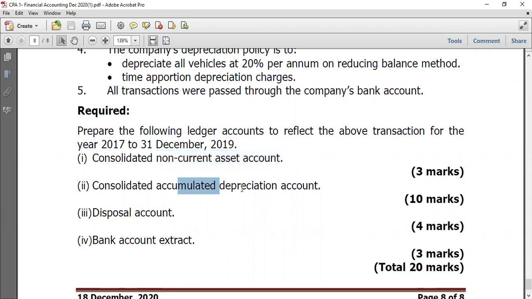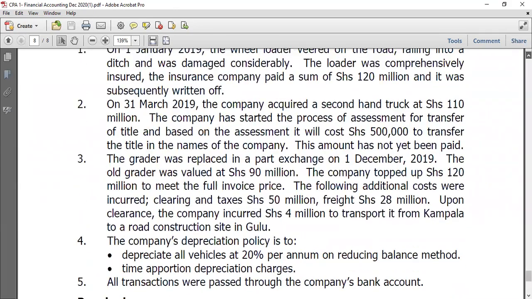Accumulated depreciation is depreciation that relates to a given asset throughout its life. The disposal account is where I usually call it an asset marketplace, where we do the transactions of selling. And the bank account is just to record any transaction that affects bank or cash.